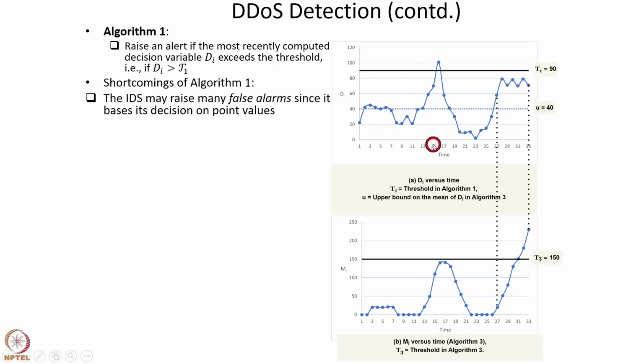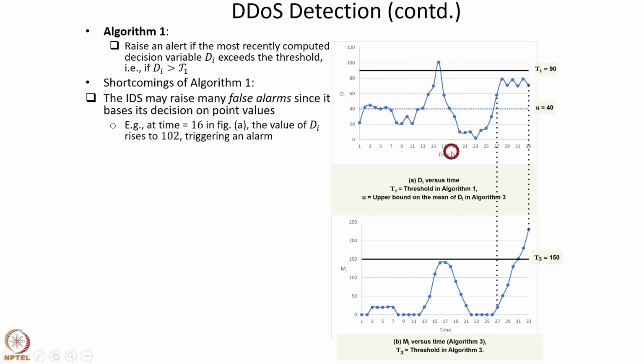Because of the randomness in Si and Fi, this Di crossed the threshold, but the neighboring values are all well below the threshold. So this is a false alarm where an isolated point has Di above the threshold, but algorithm 1 raises an alert at this instant.